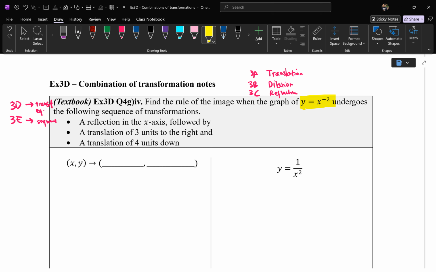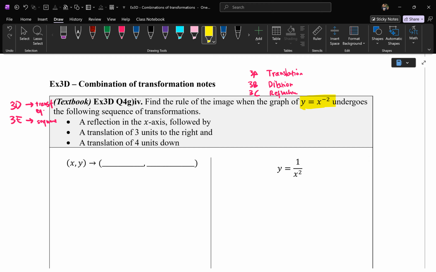So they want you to do a reflection of the x-axis first, then followed by a translation of 3 units to the right, then translation of 4 units down. So what equation do I have? What do I write for this new truncus function to demonstrate that? Okay, that's what they're saying. So that's what 3D is. So how do we do it?